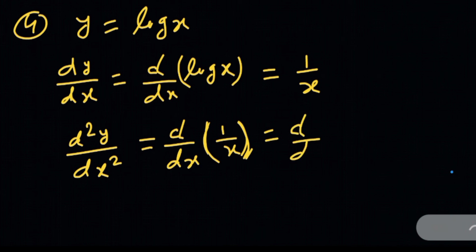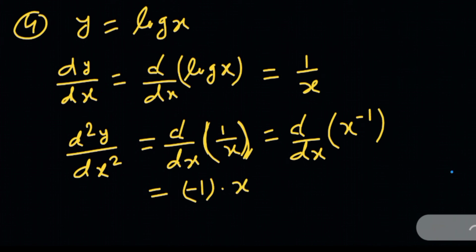So d upon dx of 1 upon x. You may not know the derivative of 1 upon x directly, but 1 upon x I can write as x to the power minus 1. And I will use the x to the power n formula, n into x to the power n minus 1, where the n value is minus 1, correct? So minus 1 into x to the power minus 2.